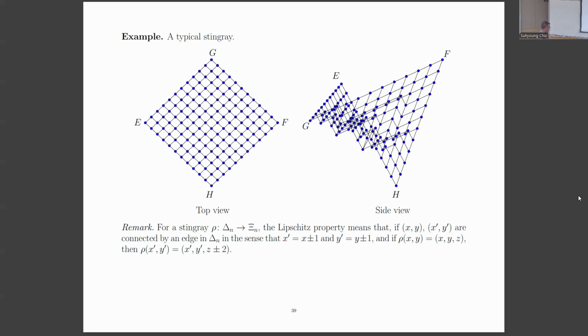What the Lipschitz property means is that if you have two dots here that are connected by an edge, they differ by plus or minus 1, and because of the congruence, if x differs by plus or minus 1, y also has to differ by plus or minus 1. No, it cannot be 0, because otherwise you would break the congruence requirement.